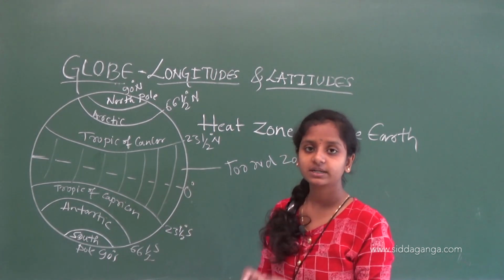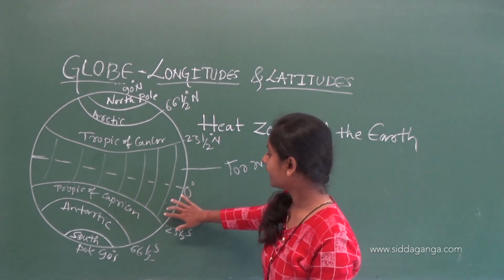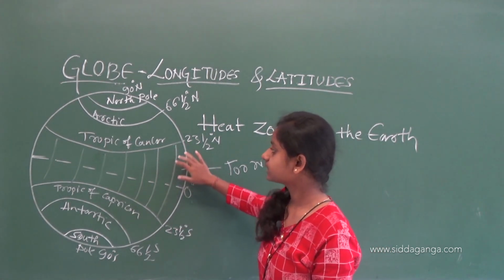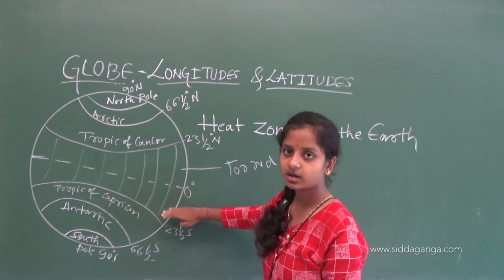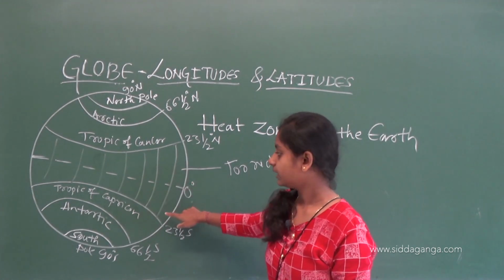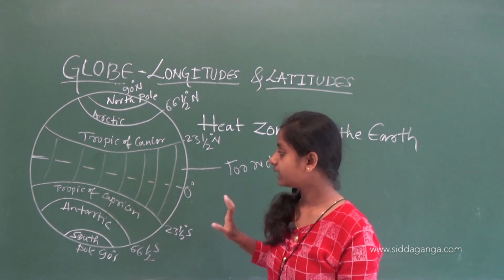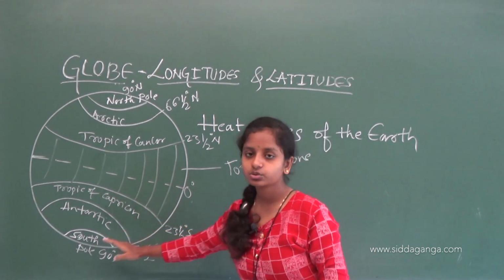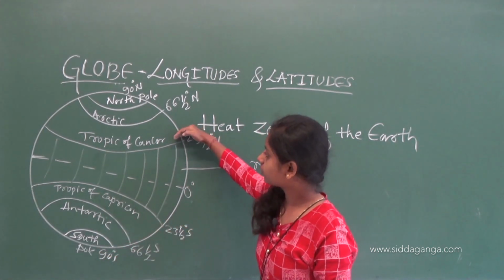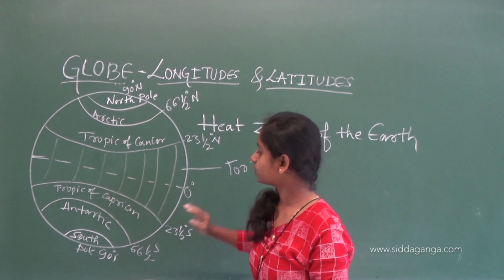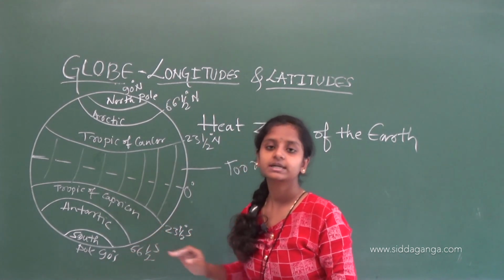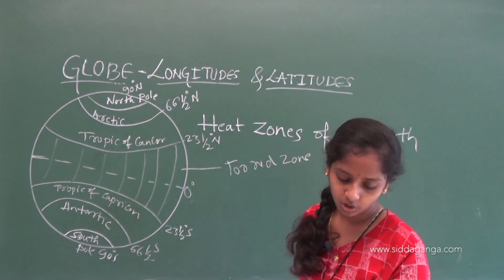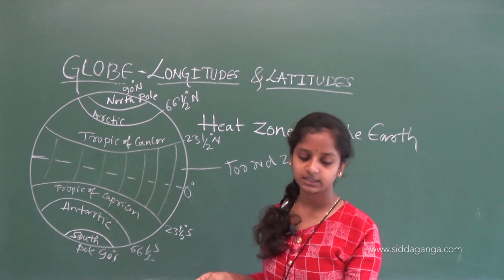The sun's rays are more direct between the Tropic of Cancer and the Tropic of Capricorn, but from the Tropics to the poles, the sun's rays go on decreasing.